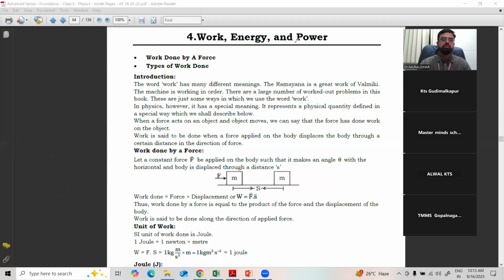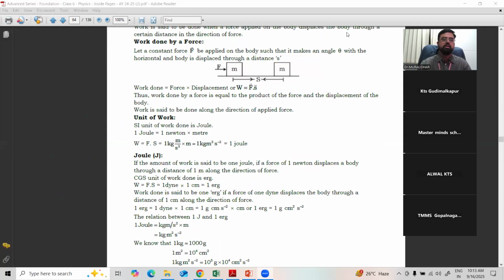Right. So we move a little bit forward to know more about this work done. See here. Let us consider a force applied here such that it makes an angle theta, a special case, with the horizontal, and the body is displaced through a distance of S. Work done is equal to force into displacement, F into S. Thus, work done by a force is equal to the product of force and displacement.